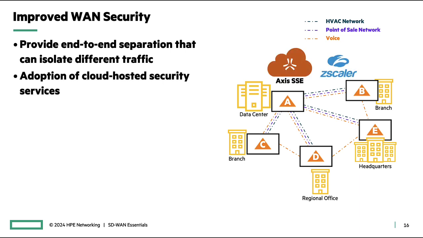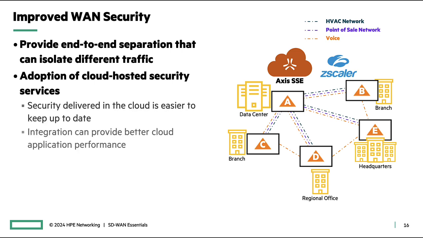We're also seeing the rapid adoption of cloud-hosted security services that provide more comprehensive, more consistent security enforcement than an on-premise security solution. Security delivered in the cloud is easier to keep up to date with the latest threat and vulnerability protection definitions, and this is in contrast to the traditional model, where every firewall needed to be updated daily.